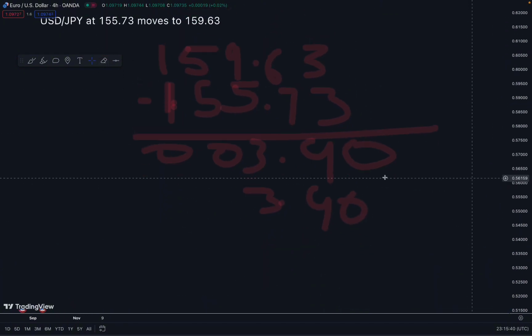Looking at this 3.90, it means the pip difference is 390 pips, because this 3 is now in the hundreds. This is our ones, this is our tens, and this is our hundreds. So we have 390 pips movement.